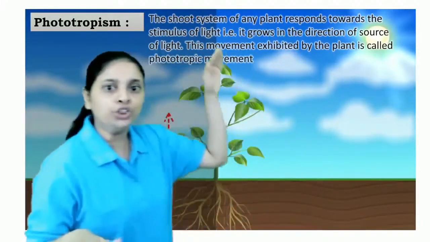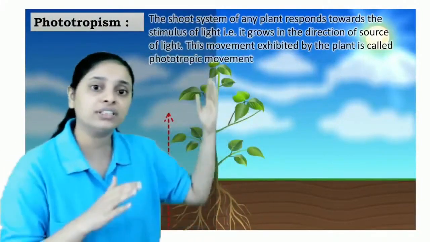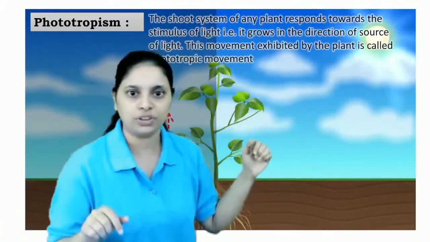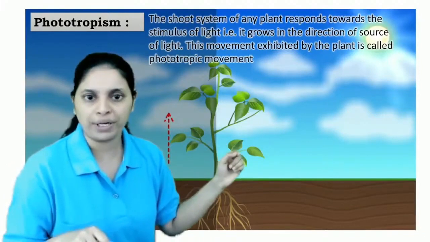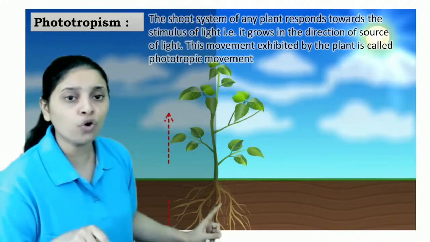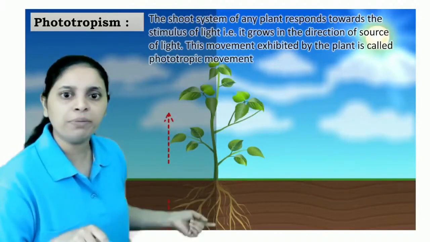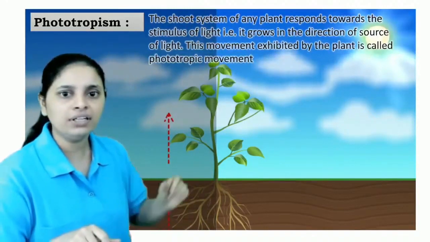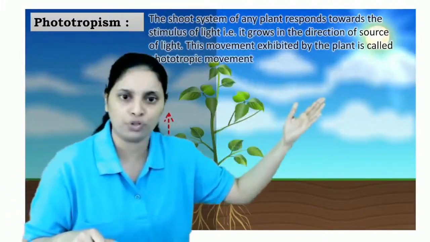Here shoot is positively phototropic because the shoot is growing towards the light source. But roots will grow away from light, so your root will be negatively phototropic. Is it clear everyone? Shoot growing towards light, so positively phototropic.